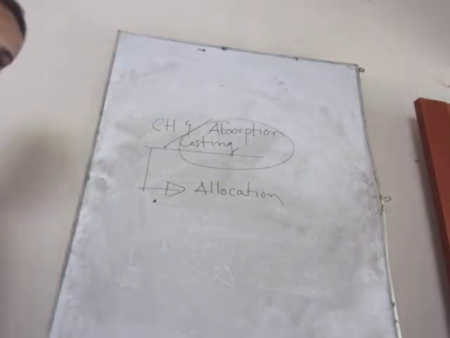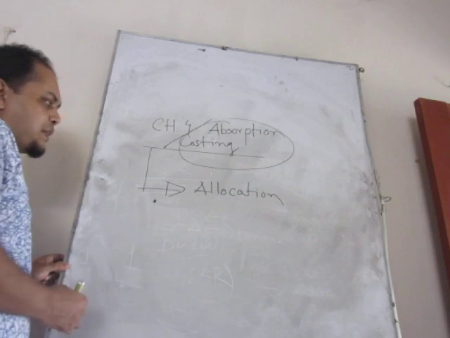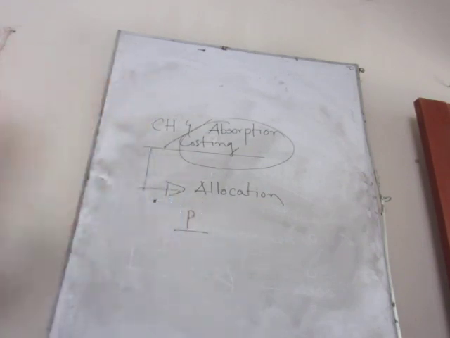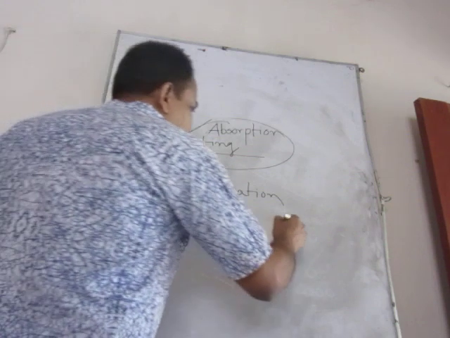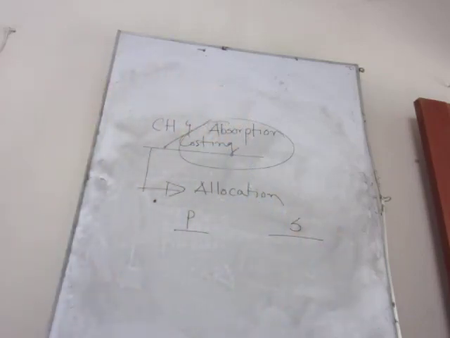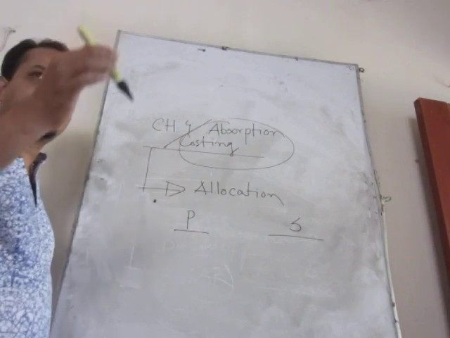Then, think of an example. Suppose in a specific organization, normally an organization has two different kinds of department. One is production department, another is service department. As for example, you are the manufacturer of this pen.